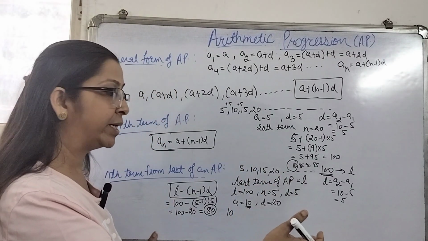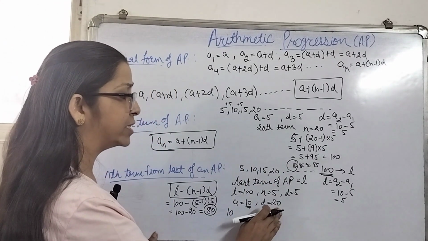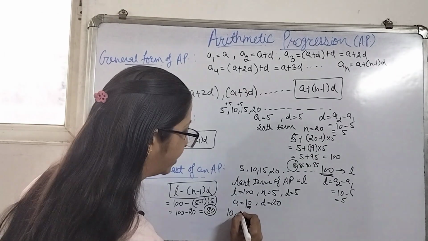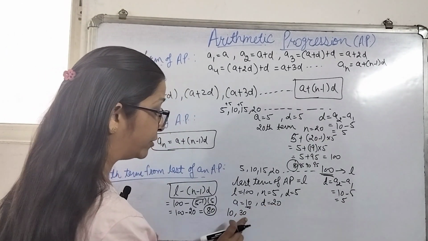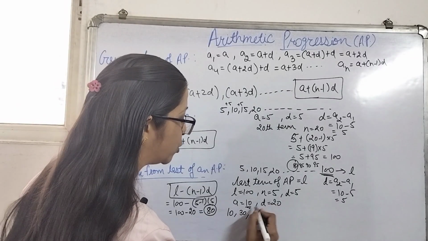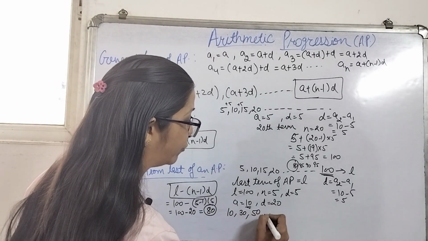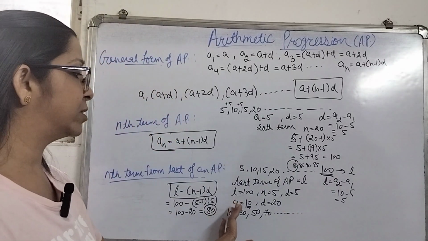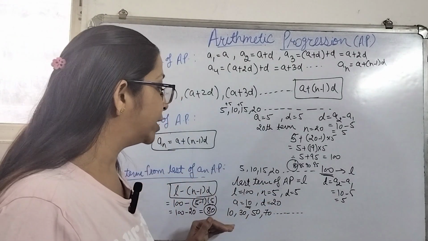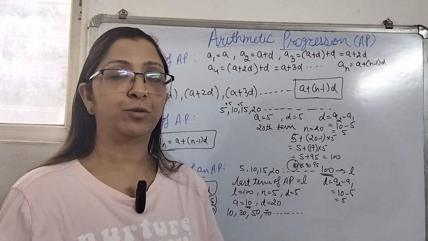The second term we will get by adding the common difference to it, so 10 plus 20 will become 30. Then the third term will be when we add the common difference to this term, so 30 plus 20 will become 50. Then 50 plus 20 will become 70. So if we have the first term and the common difference, we can frame the AP also.